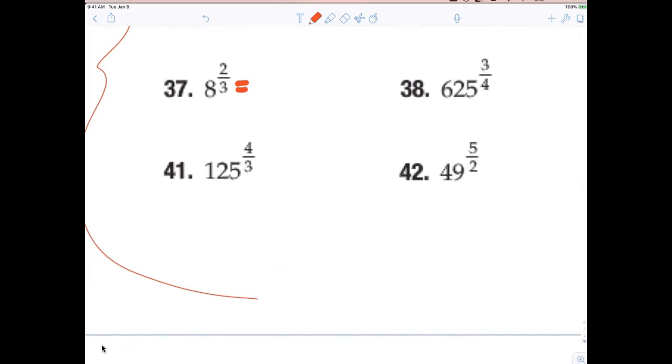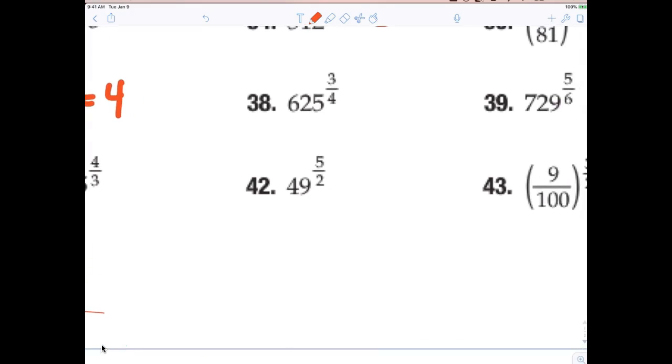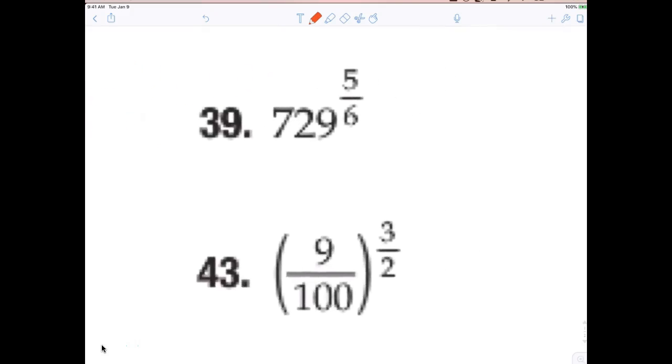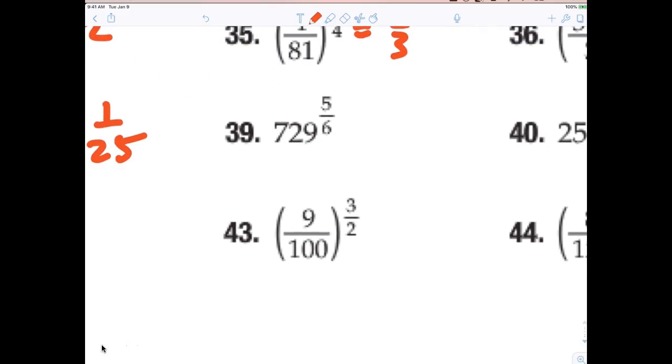I got 4. 4, good. Jack, 38. Thank you. William, I'm waiting on you.